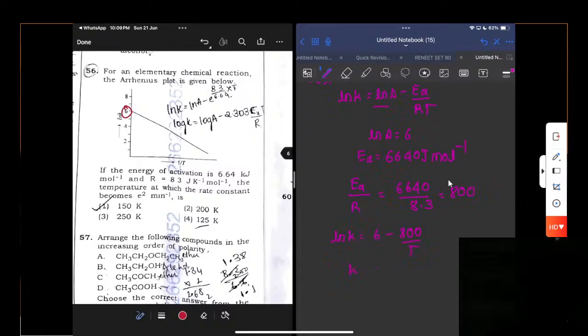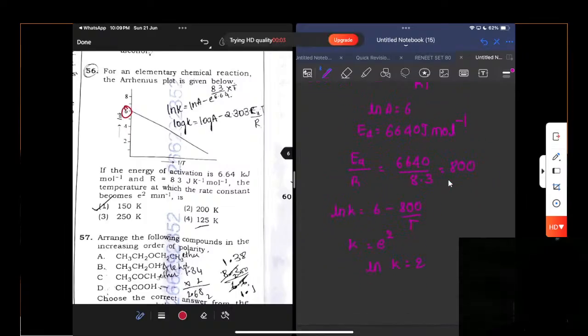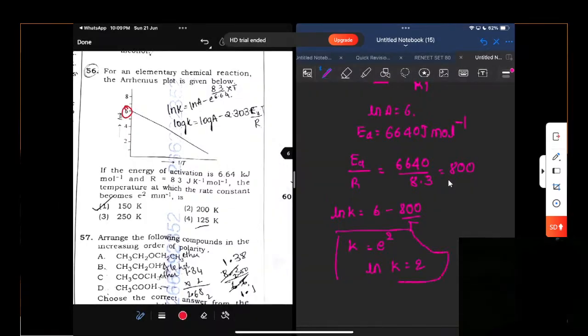K should be equal to e square. So by taking ln in this equation, we get ln K is equal to 2.